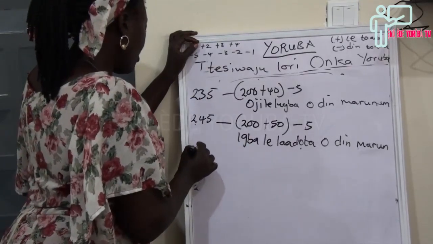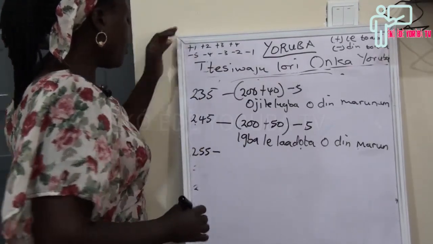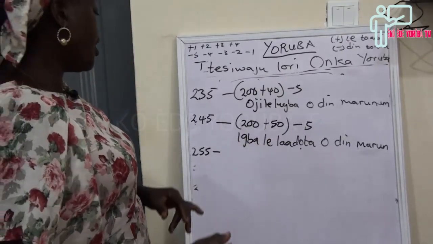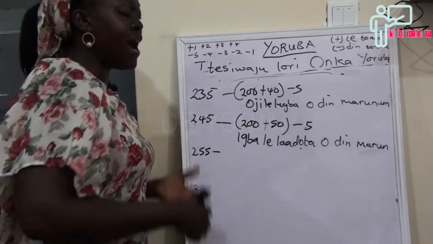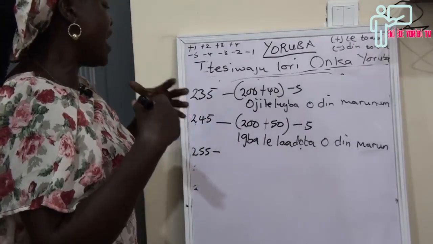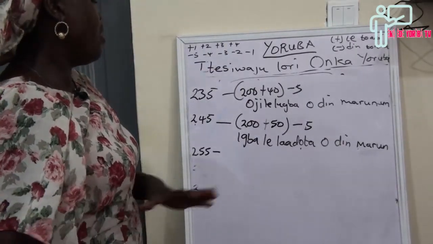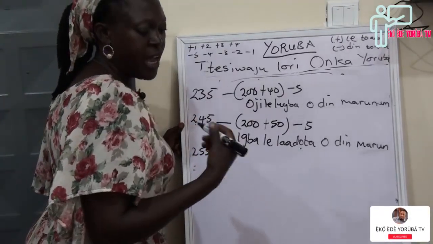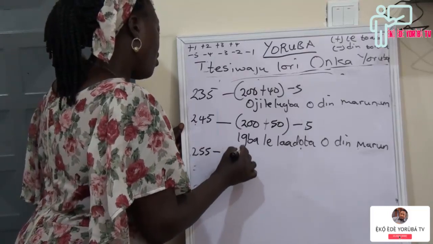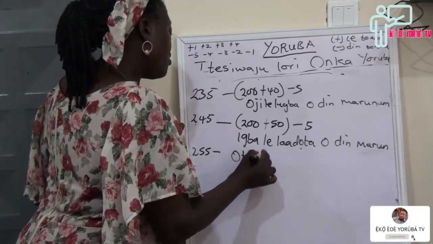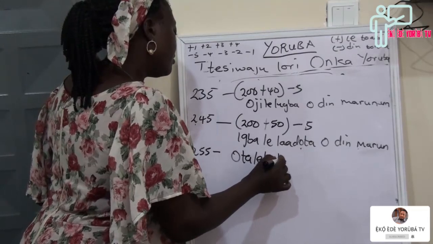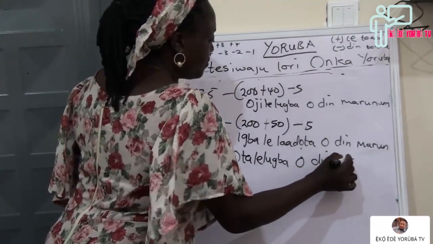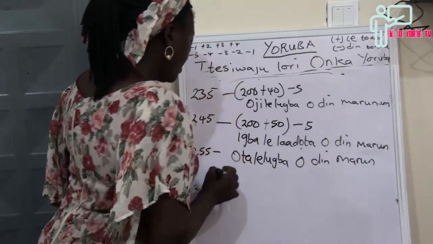So this one will now be 255. The 255 will now be ọ̀tàlélúgba ó dín márùn-ún. Ìgbáléláàádọ́ta ó dín márùn-ún. Tàbí you say ọ̀tàlélúgba ó dín márùn-ún.